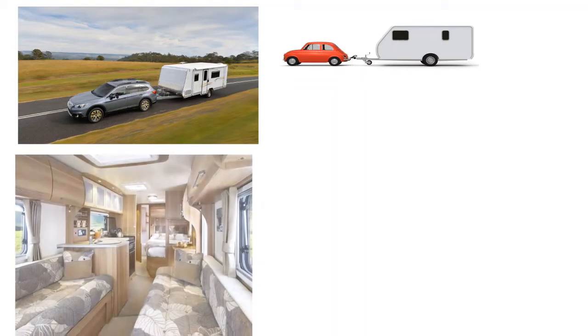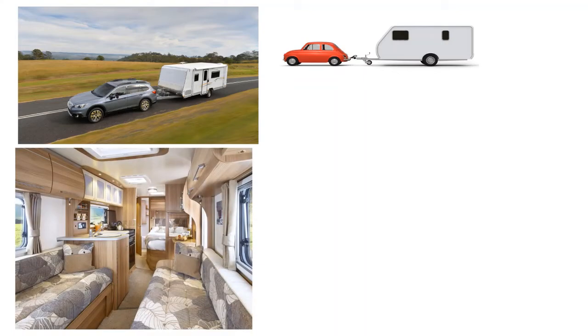Come on, let's see what is inside this van. Wow, children, did you see? Yes, this van contains bed, a small kitchen, and even washroom, etc. This just looks like our home, right?